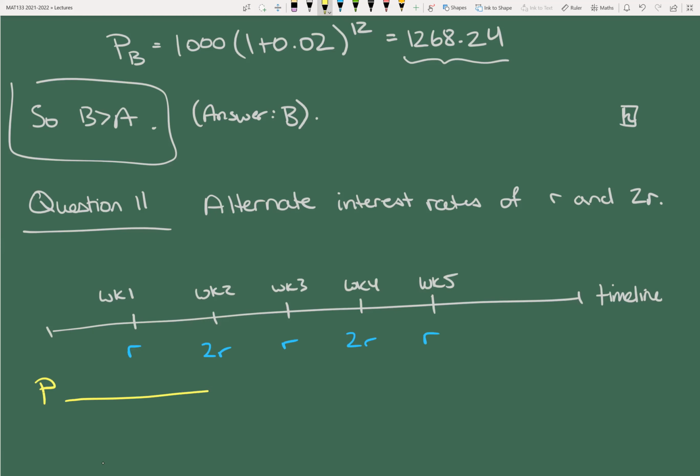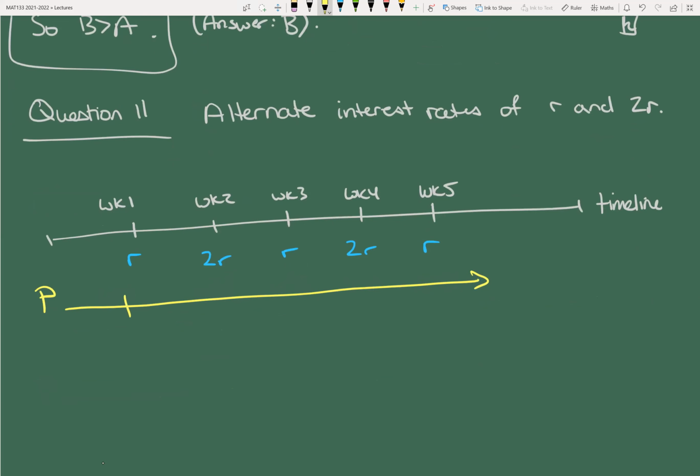As I push it through all of these, I'm going to pick up factors. At this point, I pick up that 1 plus R, because like I was trying to emphasize at the beginning, if you pass through a compounding event with an interest rate R, you pick up that 1 plus R. When I get to here, I pick up a 1 plus 2R. When I get to here, I pick up another 1 plus R, so this becomes (1 plus R) squared.